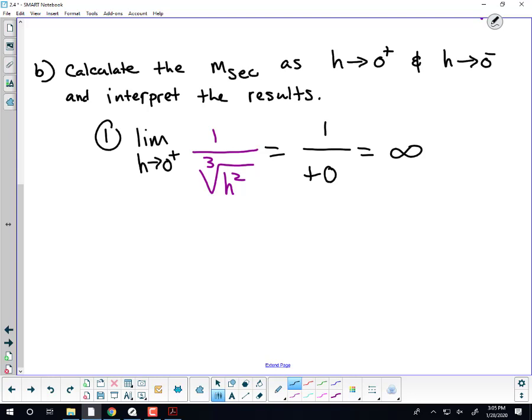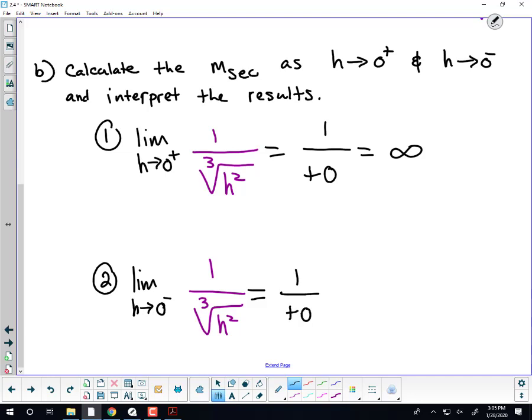And we see that as we compute the limit as h approaches 0 from the left on the slope of our secant line, I have a similar thing. The small negative values are being squared, so now there's small positive values. Taking the cube root of that doesn't change, so it's still small positive.